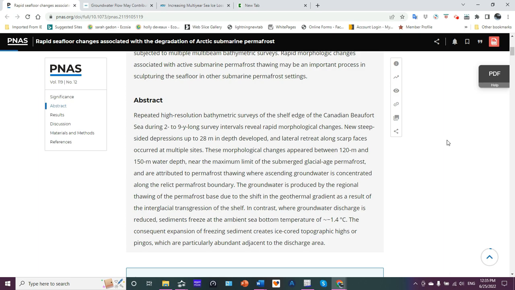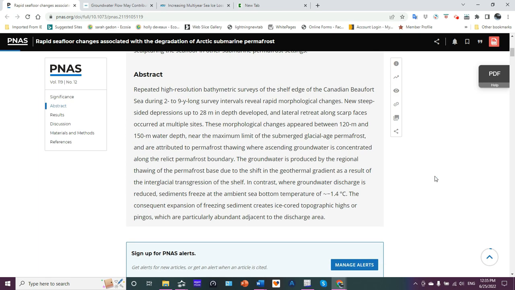These morphological changes appeared between 120 meters and 150-meter water depth, near the maximum limit of the submerged glacial age permafrost, and are attributed to permafrost thawing, where ascending groundwater is concentrated along the relic permafrost boundary.